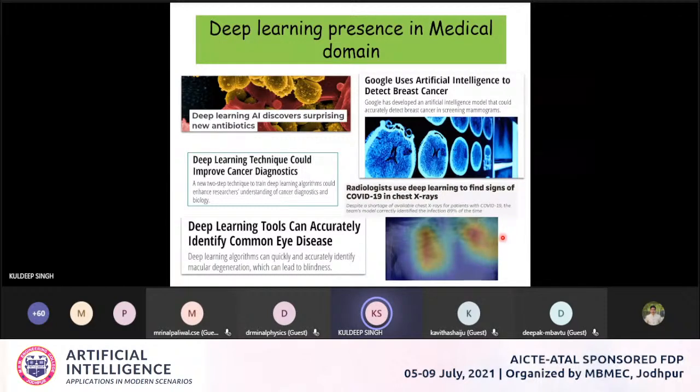The discovery of new antibiotics is a very complex subject, and most of the time researchers end up discovering the same antibiotic again and again. So people are applying deep learning for the discovery of new antibiotics. Major companies like Google and Facebook are investing heavily in applying these AI techniques in medical diagnosis.